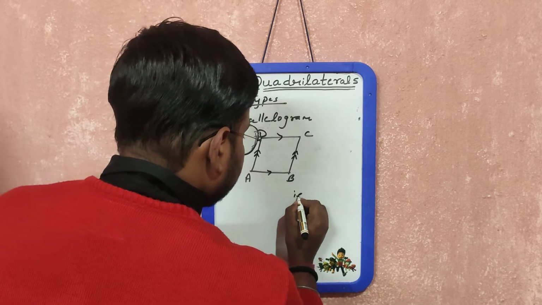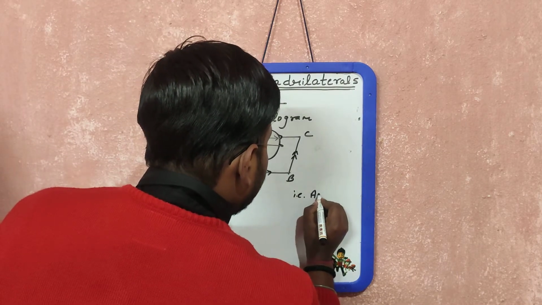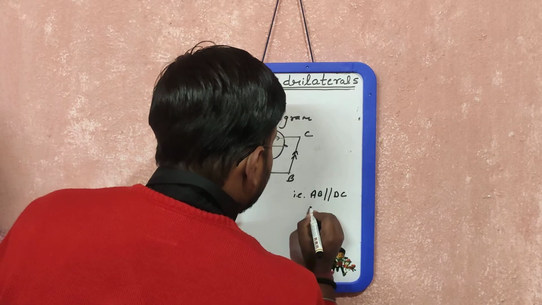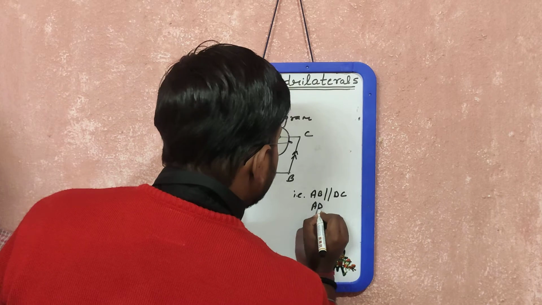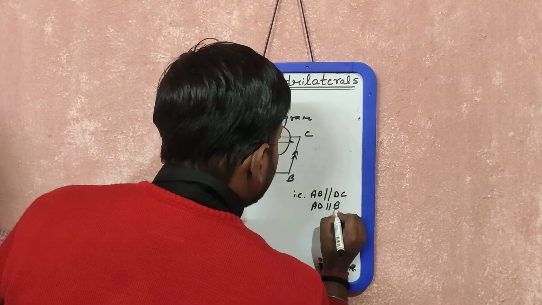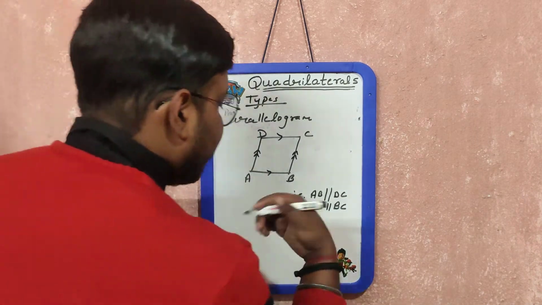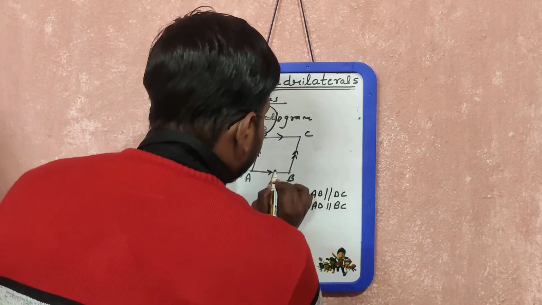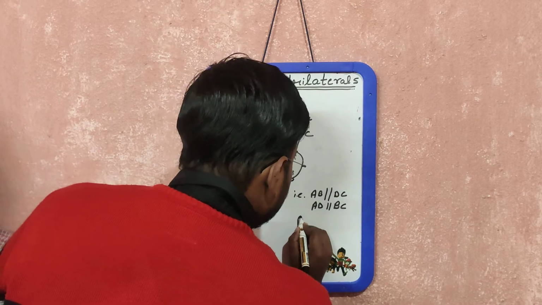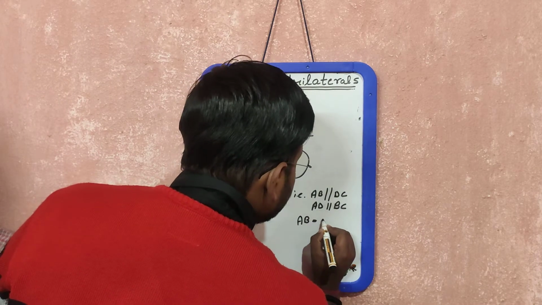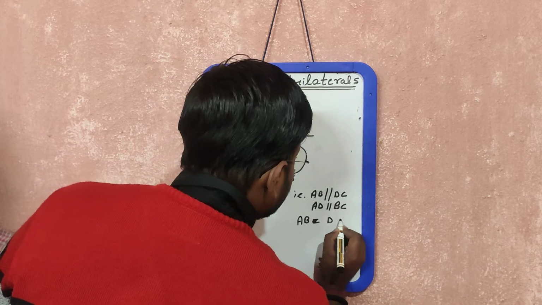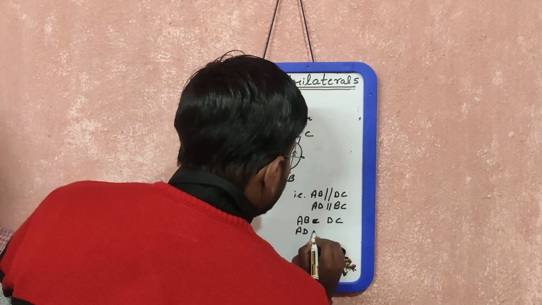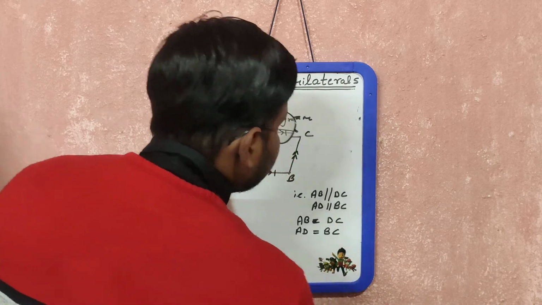That means AB is parallel to DC and AD is parallel to BC. And also opposite sides are equal to each other. That means AB is equal to DC and AD is equal to BC.